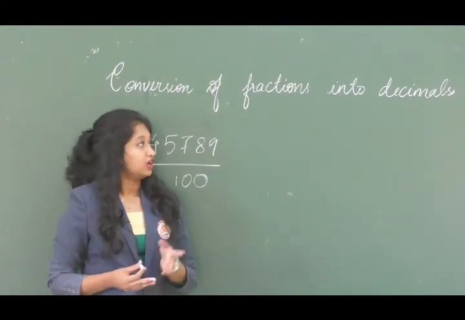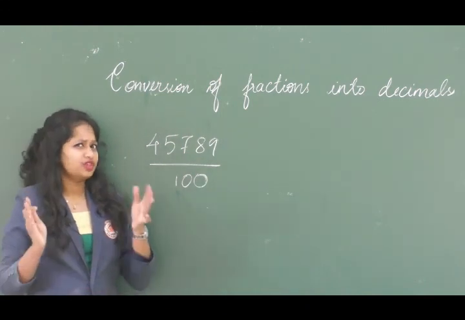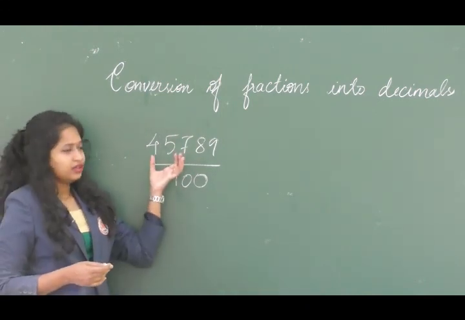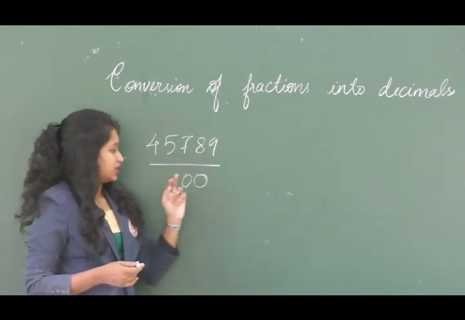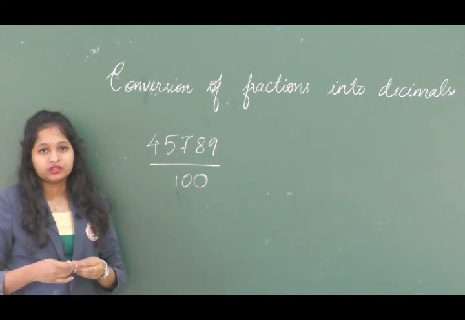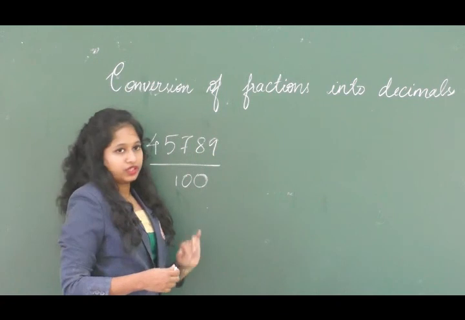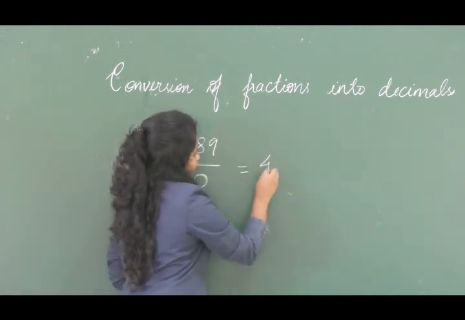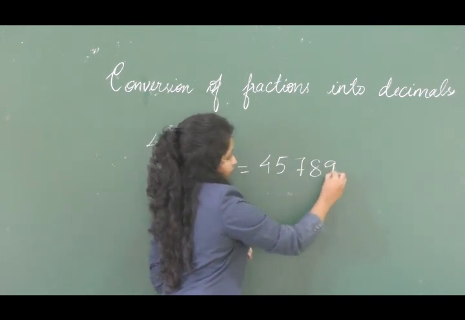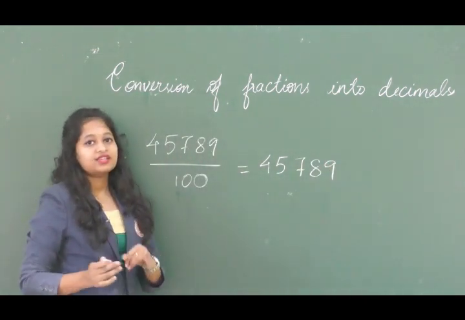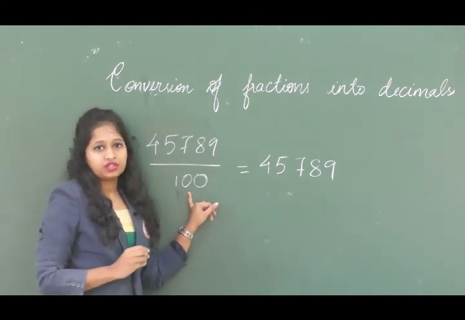Now let's see how to convert fractions into decimals. This process is very easy. Here I have a question, 45,789 by 100. So the first step is write the numerator, 4, 5, 7, 8, 9. Okay. Second step is look at the denominator and see how many zeros are there.